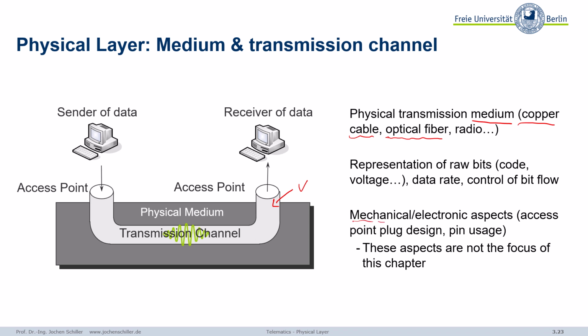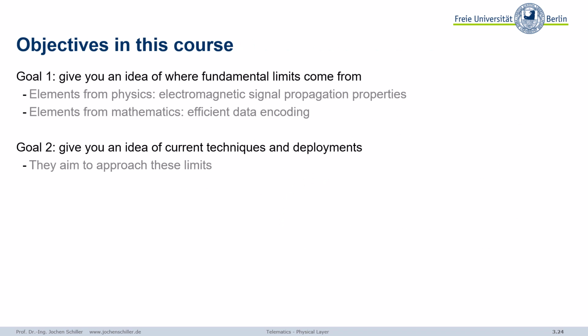And yes, we also have to specify certain mechanical electronic aspects, so plug designs, pin usage, etc. Not the focus in this chapter. So layer 0 here, and we will focus here on layer 1, the physical layer, what's going on here. But we have to know something about the lower layers.